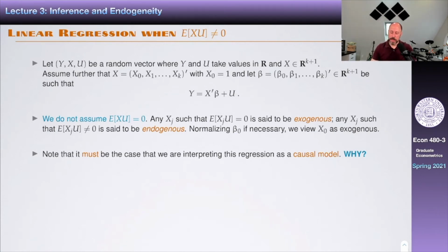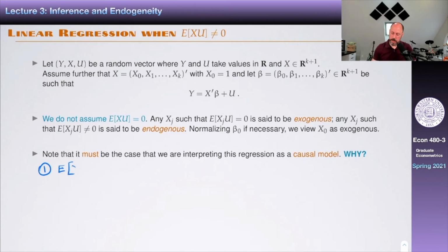I wrote here that we must be interpreting this regression as a causal model. Most of you responded correctly, but let's review that just in case. In the first interpretation, we assumed that the expected value of y given x was x prime beta.